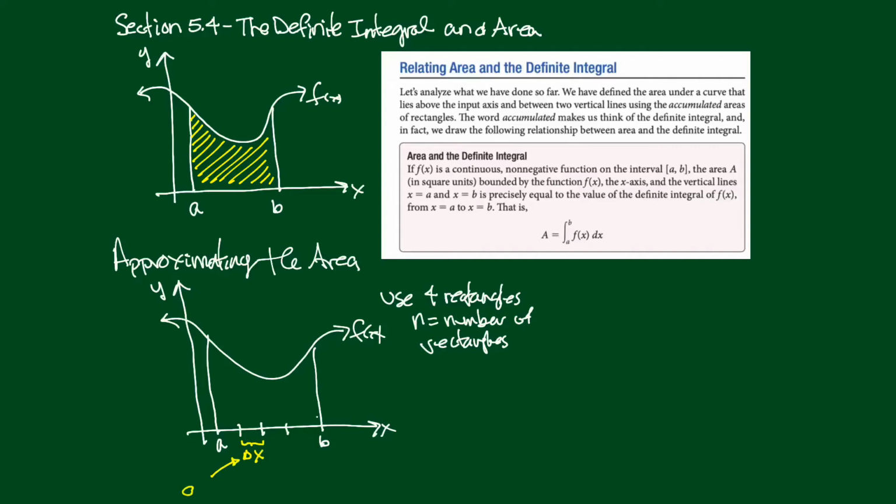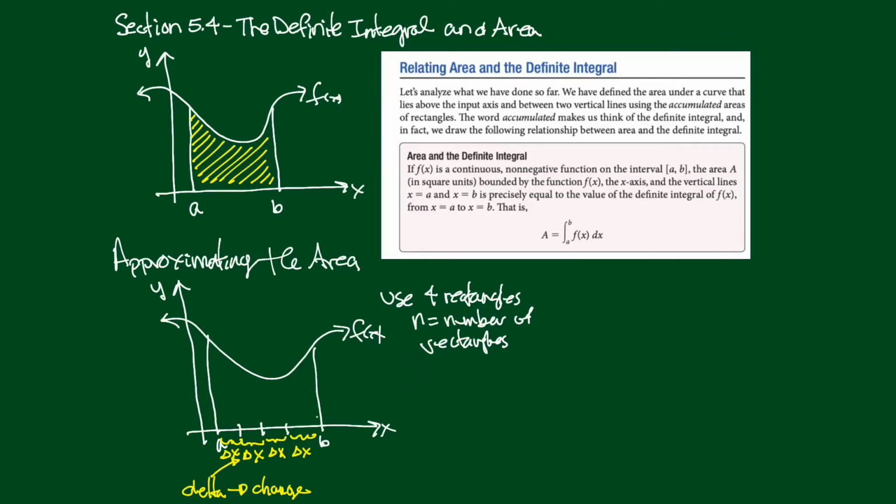Now this is the Greek letter delta, and in mathematics it means change. So what we have going on here is a small change in x. X is going from here to here, so x is changing in value. So I'm going to call that delta x, and that's going to be the length of the base of this rectangle. So we'll have 4 rectangles, all having the base of the same length.